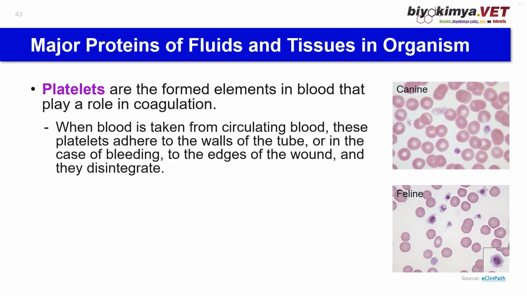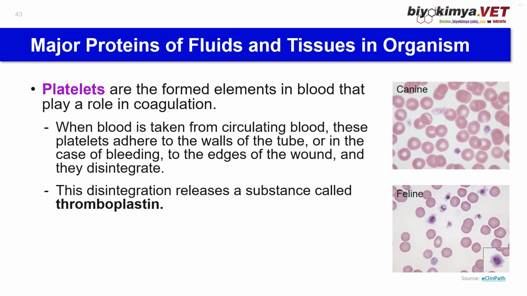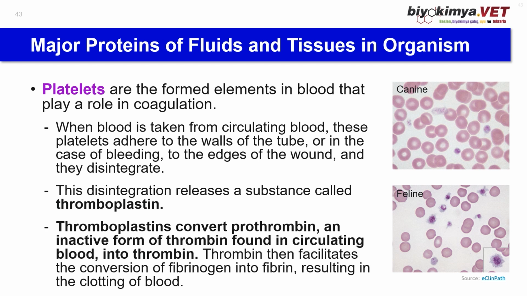When blood is taken from circulating blood, these platelets adhere to the walls of the tube, or in the case of bleeding, to the edge of the wound, and they disintegrate. And this disintegration releases a substance called thromboplastin. And thromboplastin converts prothrombin, an inactive form of thrombin found in circulating blood, into thrombin. And thrombin then facilitates the conversion of fibrinogen into fibrin, resulting in the clotting of blood.